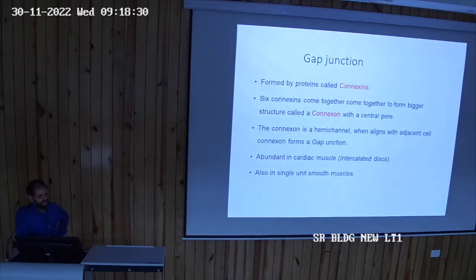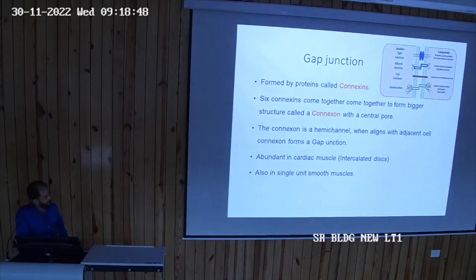So single unit smooth muscle is having those gap junctions, क्योंकि एक सेल से दूसरे सेल में इंफॉर्मेशन देना होता है, and those are done through those gap junctions in the cardiac muscle as well as in single unit smooth muscle. So this is the protein which has been shown here, connexins, this one.